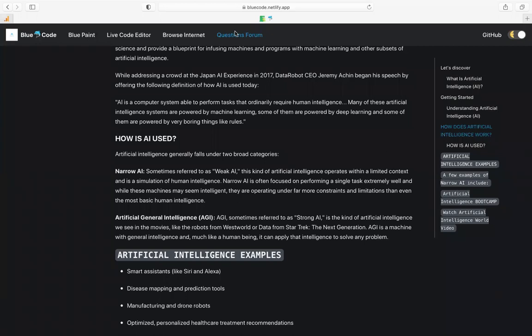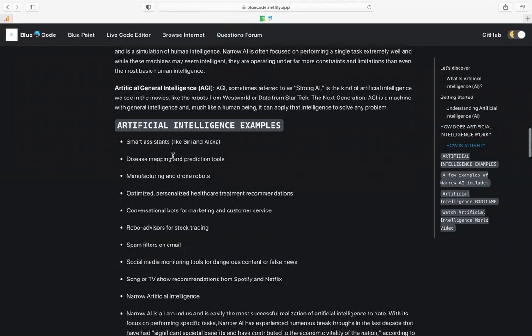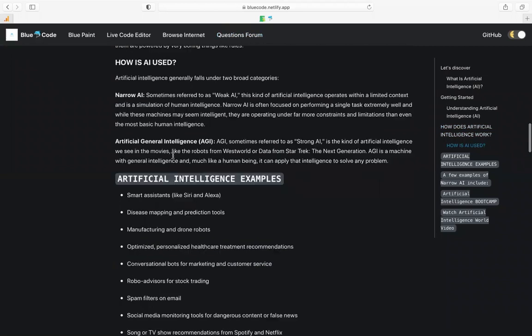Every artificial intelligence app you will see falls under one of these categories. It either falls under narrow artificial intelligence or strong artificial intelligence.